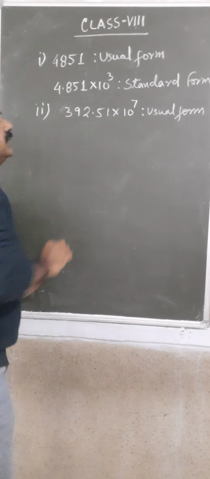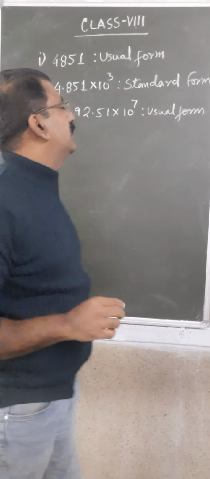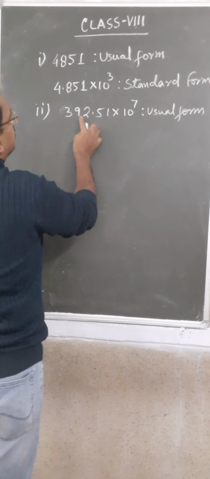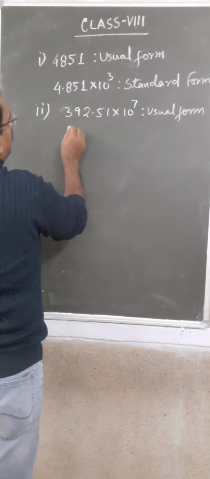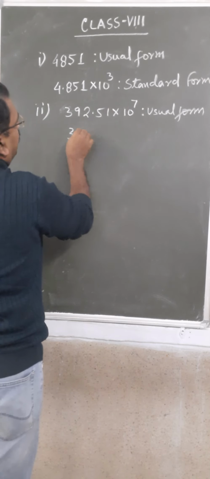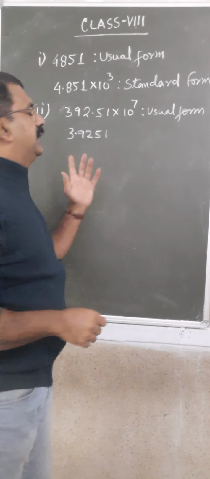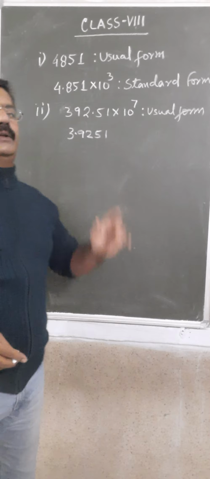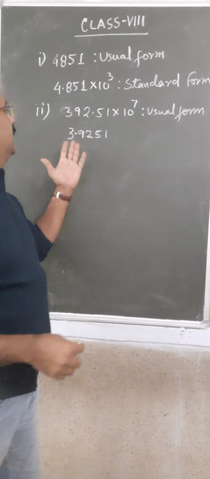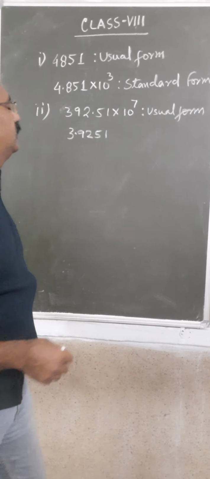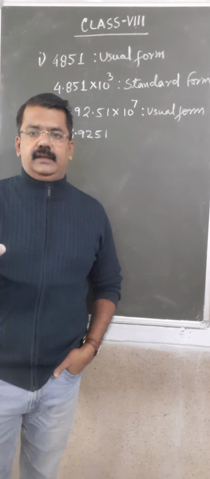Now we will convert it into standard form. To convert it into standard form, what we do, you shift the decimal 2 places towards left. So it will be 3.9251. Now you see 3.9251 is definitely between 1 and 10.